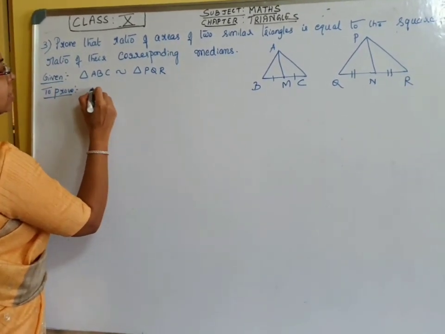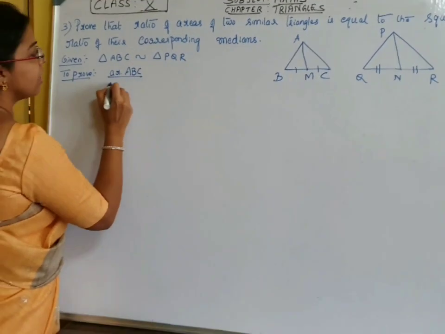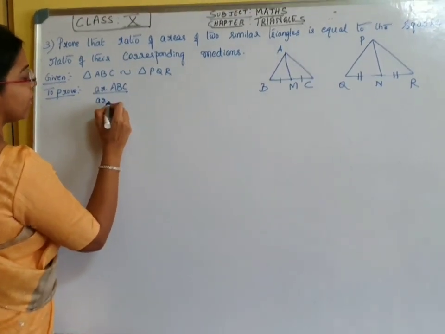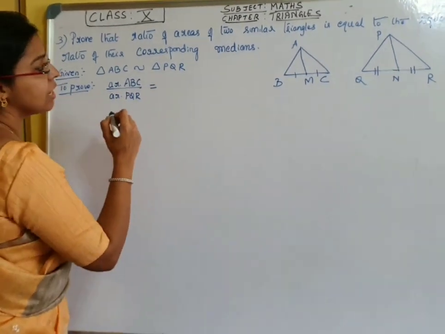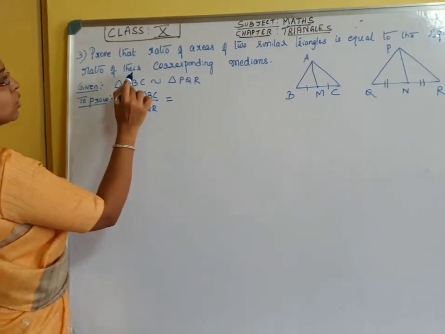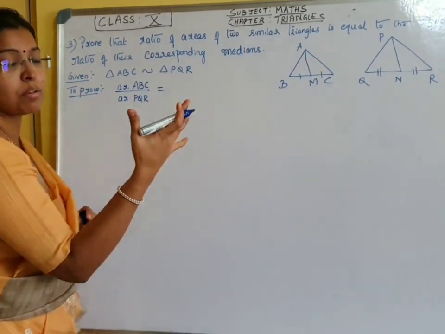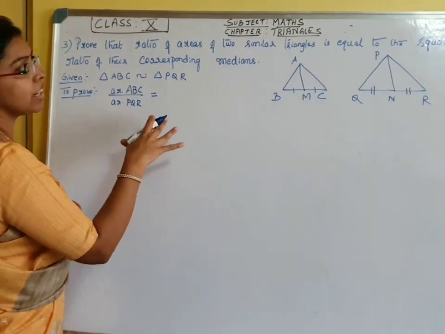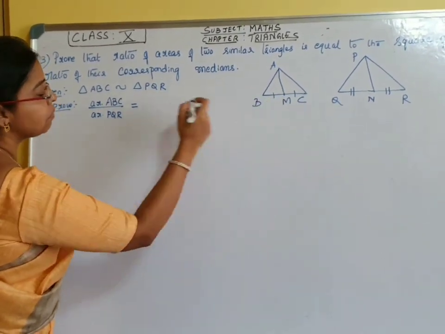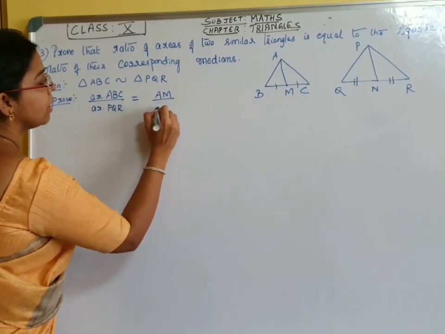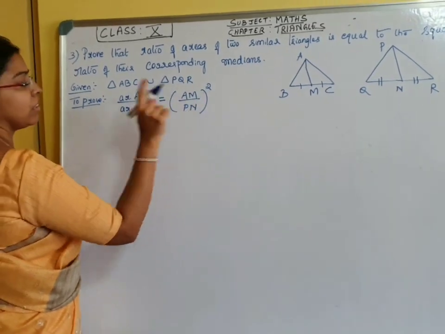The ratio of area of triangle ABC and area of triangle PQR is equal to the square of the ratio of their corresponding medians. We know that the ratio of areas of similar triangles is equal to the square of the ratio of corresponding sides. Here it is median. Medians are AM and PN, so AM by PN the whole square. This is what has to be proven.